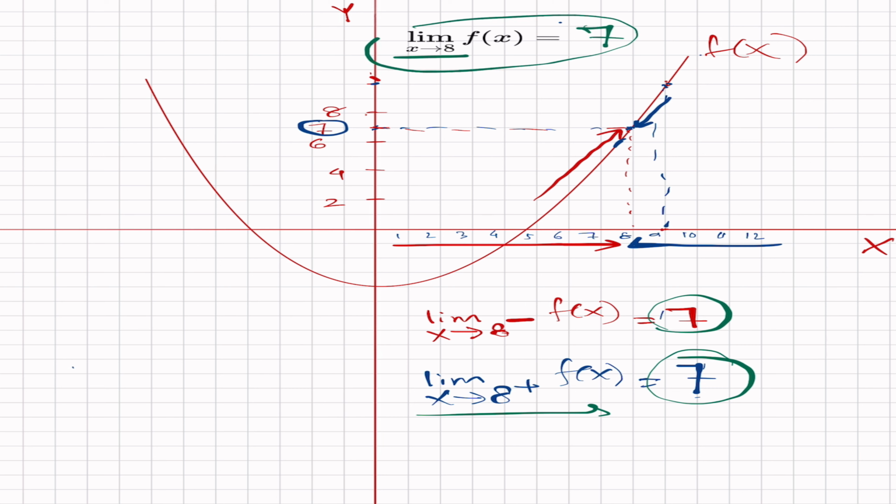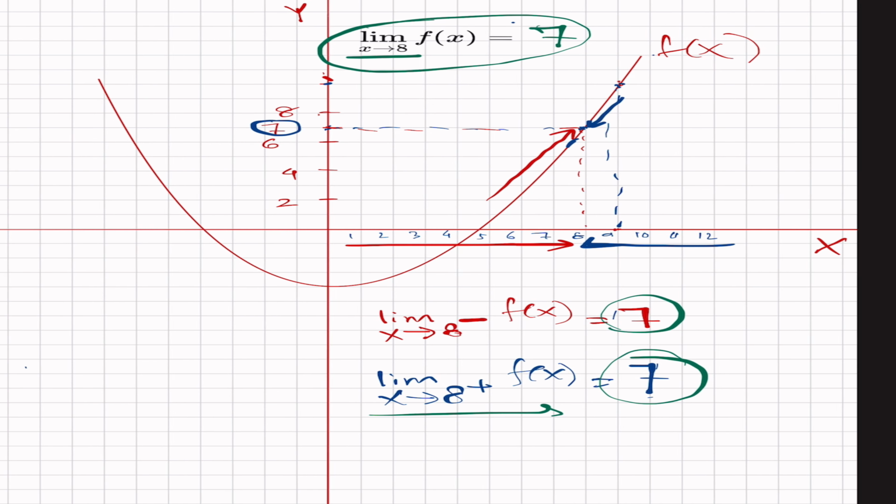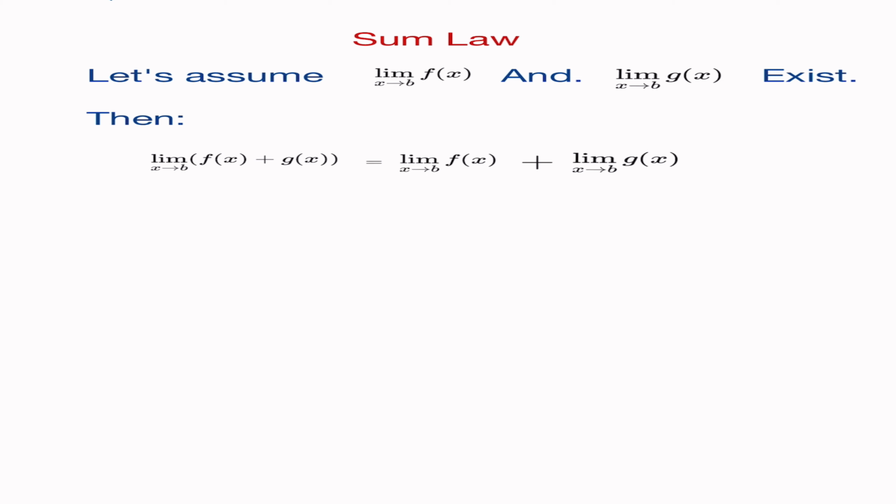That is our answer. So now let's go over the limit laws. Let's start with the sum law. What does the sum law state?